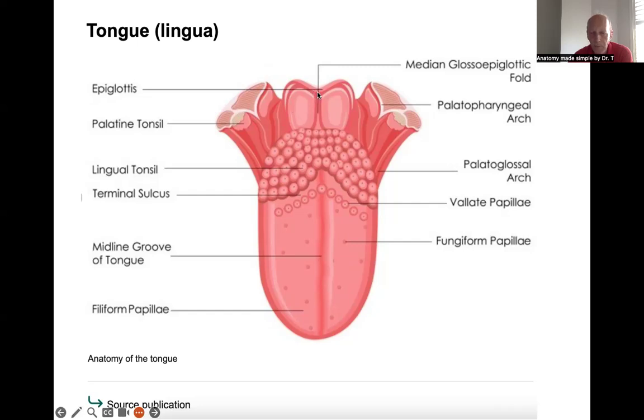Let's not be confused with this. This is not part of the tongue. It is part of the larynx, the epiglottic cartilage. So usually when the tongue is pulled out of the oral cavity like this, even in a living person, sometimes you would be able to see, not as much, but at least this uppermost part of the epiglottis.